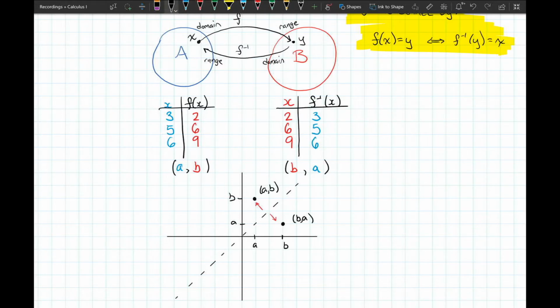But being a linear function, you can take a look at the slope of that diagonal line. It has a slope of 1. And you can look at the y-intercept of that diagonal line. It has a y-intercept of 0. So this line has the equation y equals x. So a property of inverse functions is that they are reflections over the line y equals x.